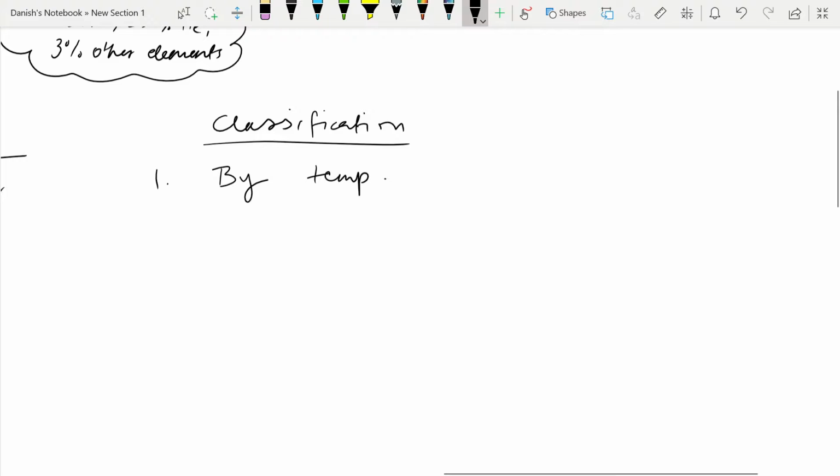What essentially happens is they're divided into classes of temperature. I'll put the temperature here so you can see how they're divided. And since they have a certain temperature, they'll also change color.